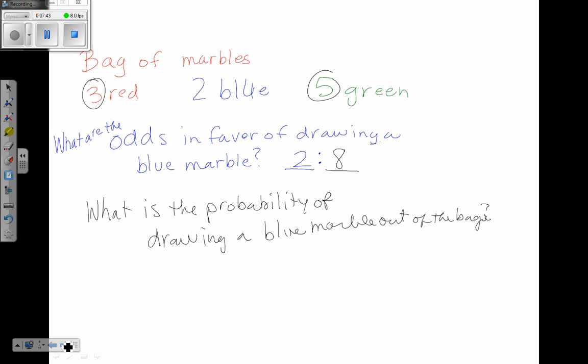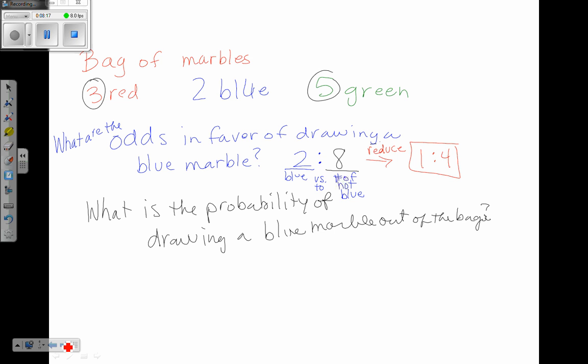So it's how many marbles are blue versus or against the number of marbles that are not blue. That's how you use complementary events to do odds. It's 2 to 8, or 2 versus 8. Now, you can actually reduce this to 1 to 4 because both numbers are divisible by 2. So that's how you can reduce that answer.